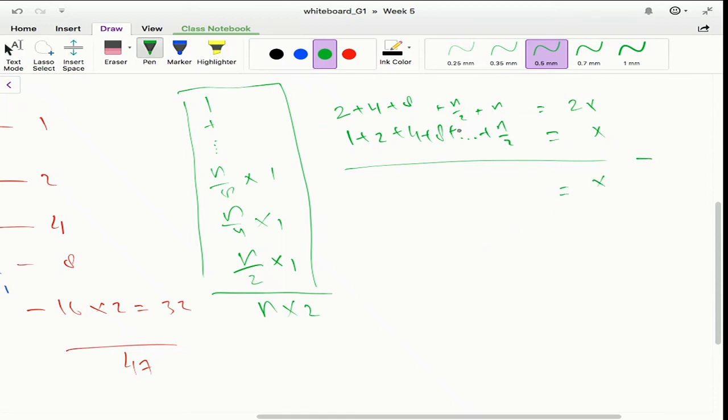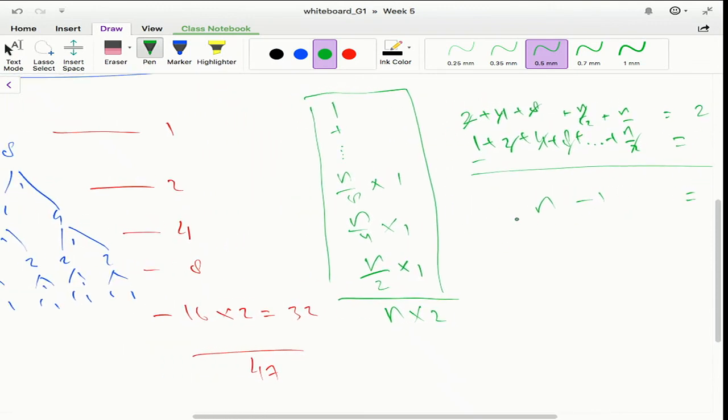So we're going to take the top one minus the bottom one. 2 minus 2, 4 minus 4, 8 minus 8, n minus n over 2. We are left with n minus 1. So the whole thing is n minus 1. Which means that the sum here is actually n minus 1. So if this is equal to n minus 1, then the total sum here is going to be 2n plus n minus 1, which is 3n minus 1. When n is 16, then it's 3 times 16 is 48, minus 1, which is 47.